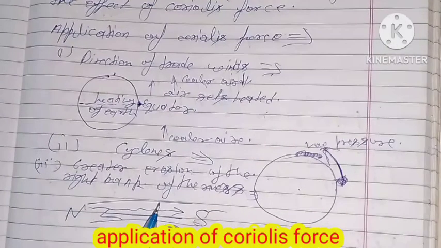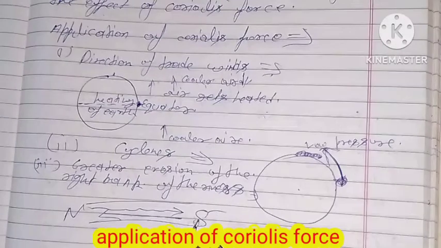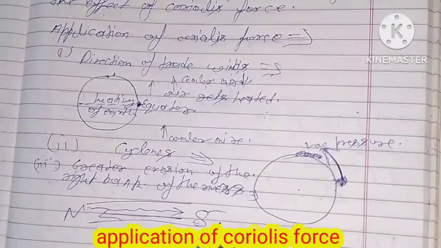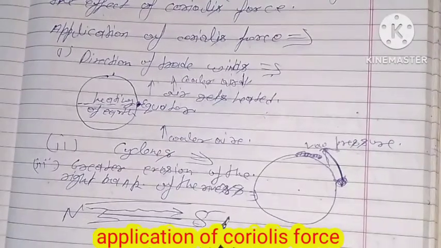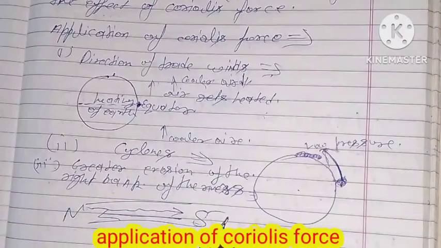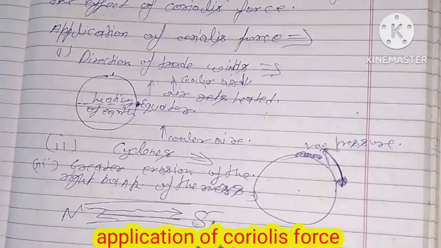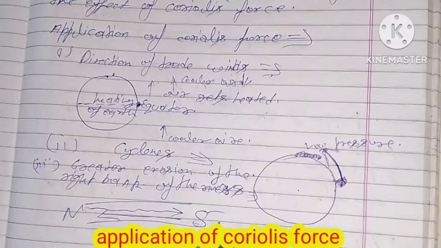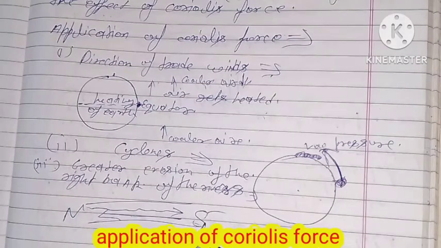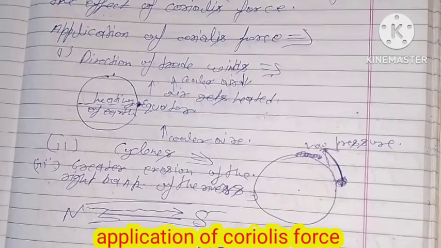It should be noted that in the northern hemisphere, for a river flowing from north to south, the right bank is to the west, and for a river flowing from south to north, the right bank is to the east.